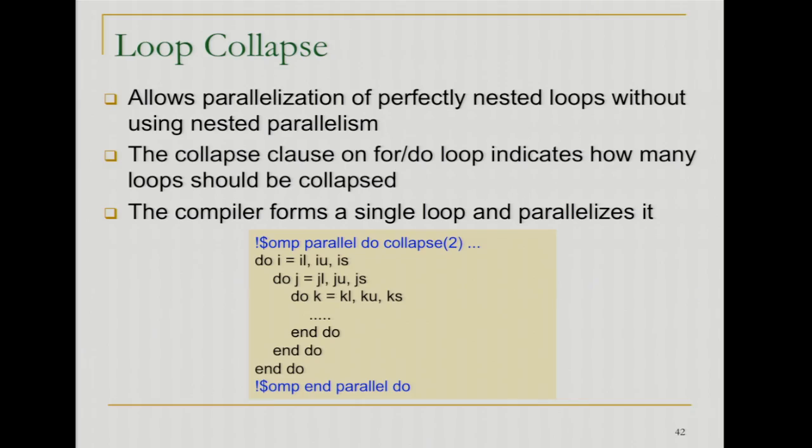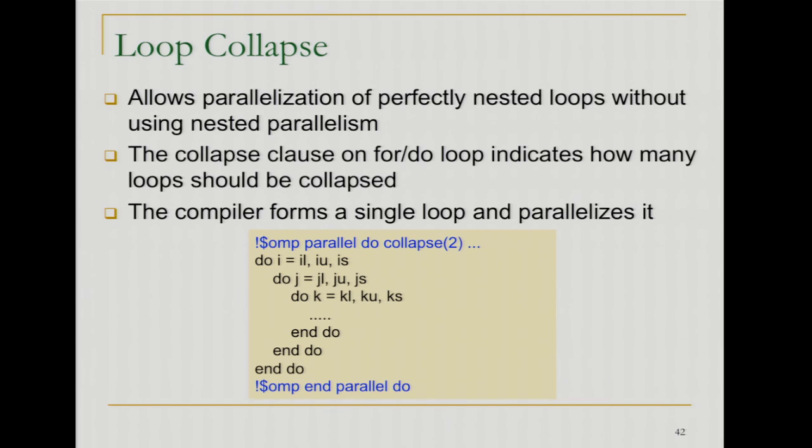Okay, another thing is, what if you say, well, I really would like to parallelize multiple levels of a big loop nest, right? So I've got lots of work in here, but really just one loop level isn't enough work. I've got multiple levels that are parallel, and I want to do that. To do that in OpenMP, you have to use what we call a collapse clause, and that actually operates on some loop levels that immediately follow each other.